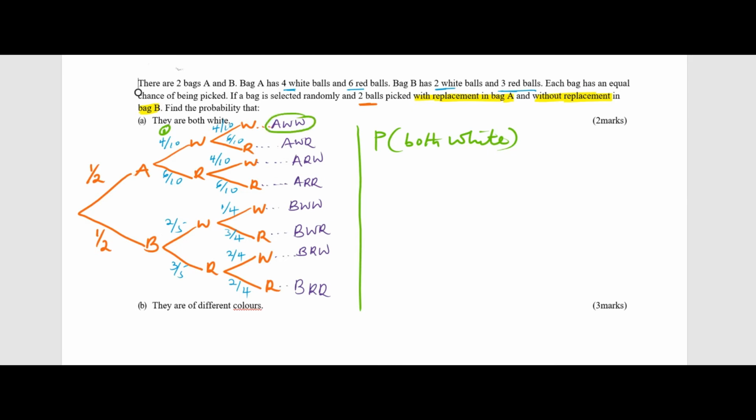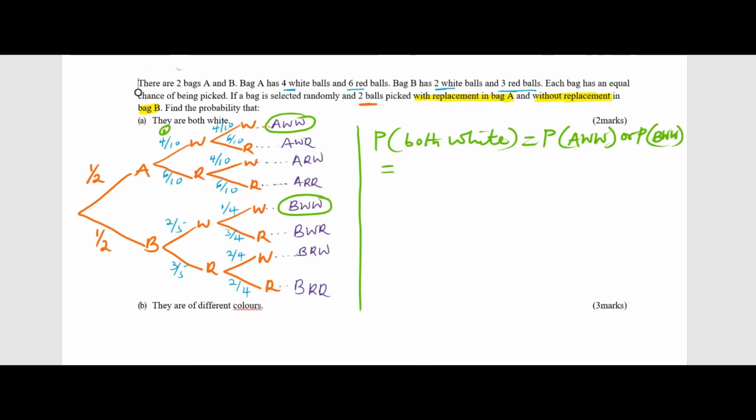We have that, and we also have it in bag B. So this will be given by the probability of picking bag A and getting 2 whites, or the probability of picking bag B and getting 2 whites. That is what you're going to do.